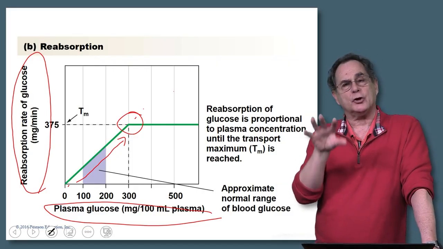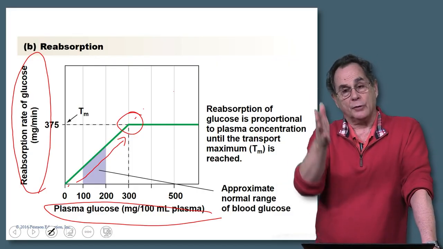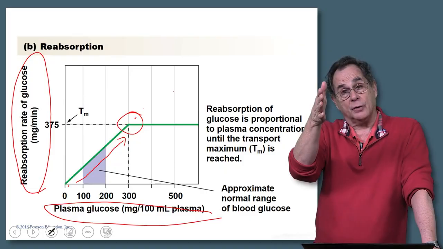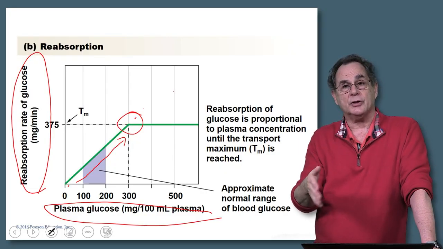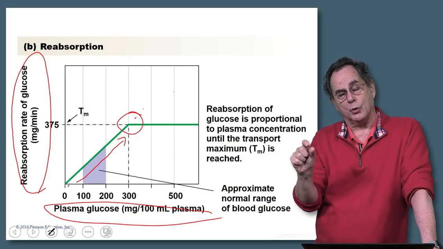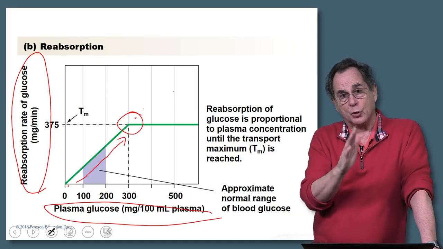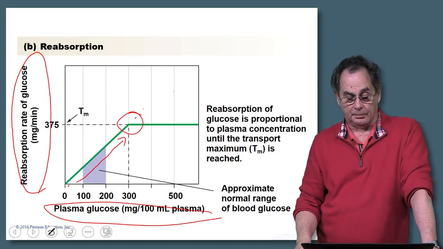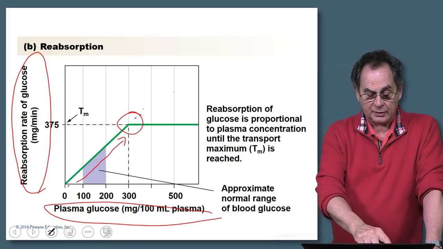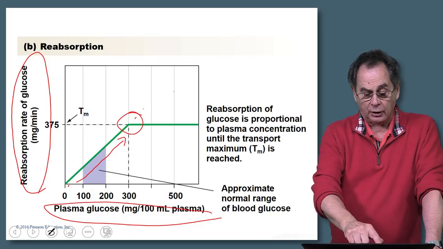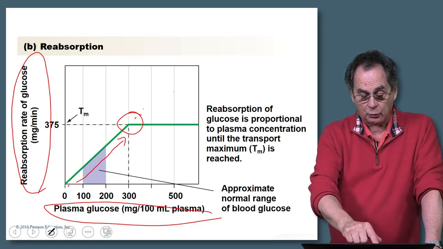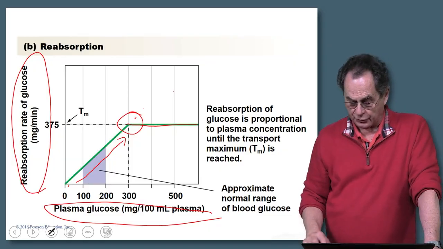It's really a physical limitation based on the tubular flow rates and the sodium-glucose co-transporters that are able to reclaim that glucose. So we get a reabsorption that rises in parallel with the filtered load and then reaches a maximum and remains constant.